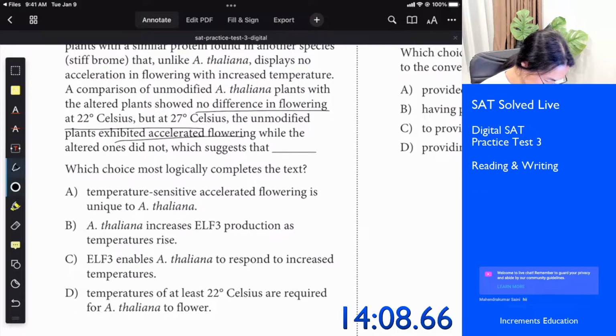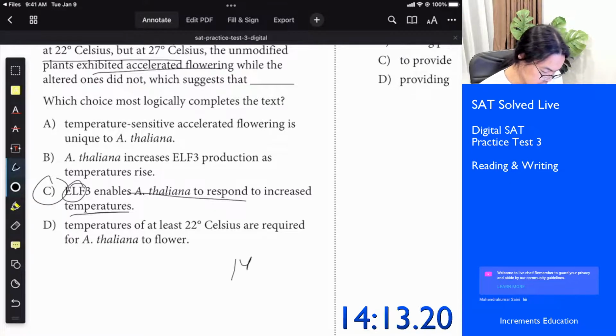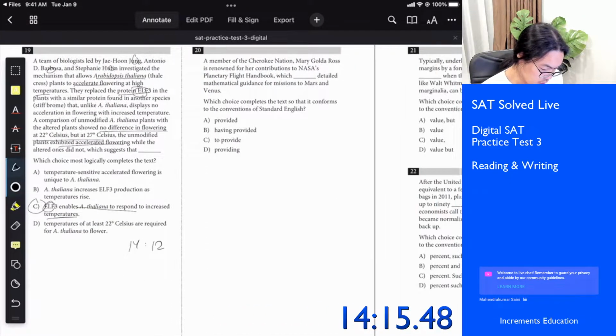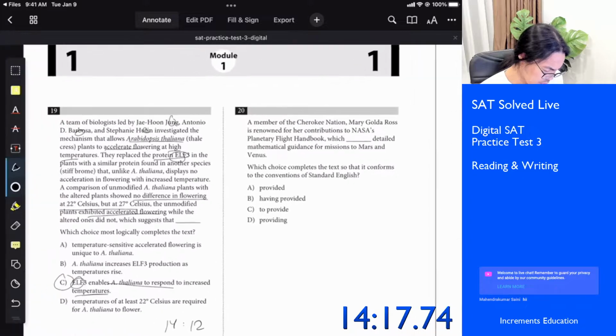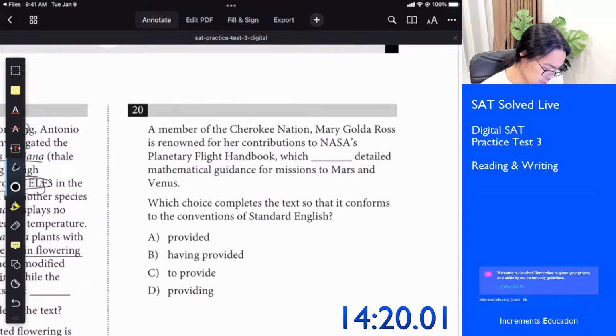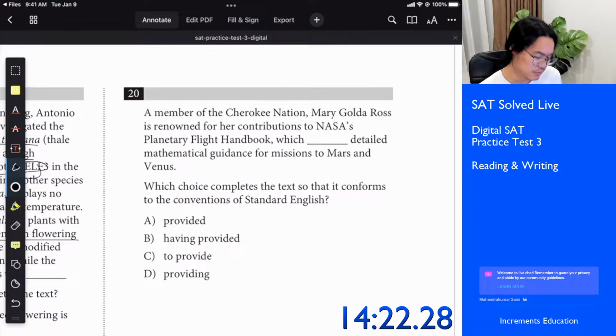ELF3, yeah. ELF3 is the key mechanism. Okay, gonna keep going. I'm pretty confident in that, but my brain is mush now, so I'm going to come back to that.